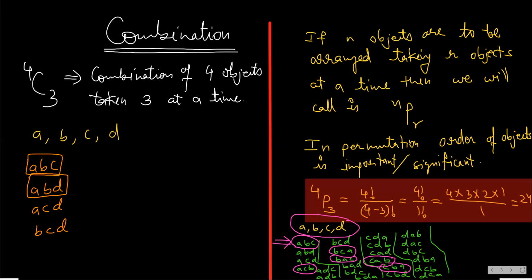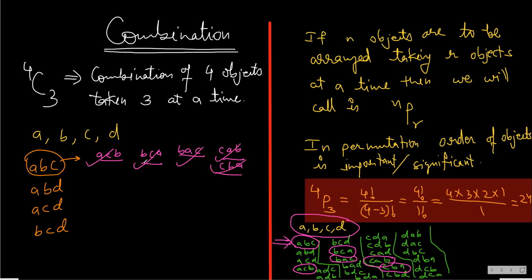Once I write ABC, remember when it was permutation, for ABC you had also taken ACB, BCA, BAC, CAB, CBA. In permutation, even these were significant, they were important.